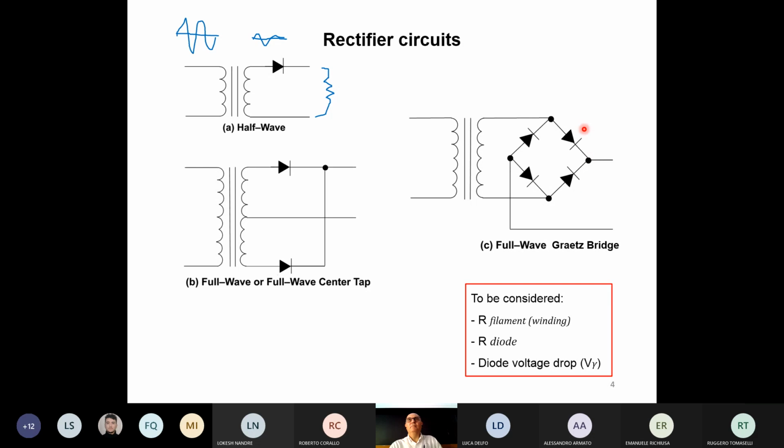We just increase the number of diodes. Using 4 diodes instead of 2, which is now very cheap, we can have a full wave output from this circuit. Okay? There are some small defects that we will consider in a short time. Now we will see in more detail how the circuit works. Okay?